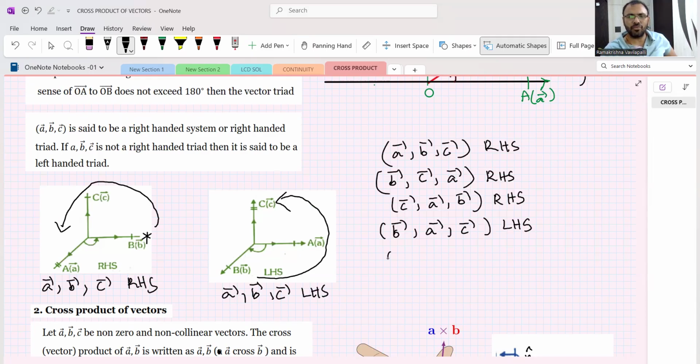And if you replace any vector by its negative vector, then the system will be changed. Minus A bar, B bar, C bar will become a left-handed system. I think I can explain here.